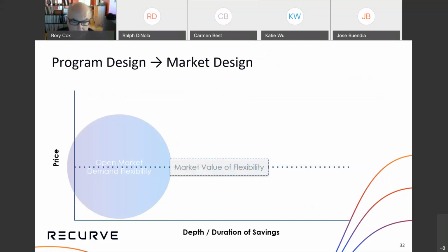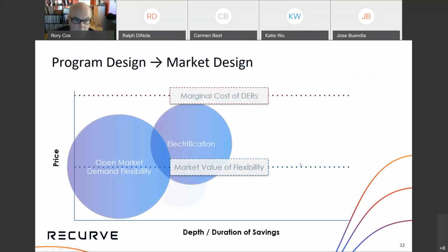So with meter-based outcomes tied to value, we can transition to price signals in a market design construct rather than incentives in a program design construct. If you consider the base price for demand flexibility being set from maybe energy efficiency and demand response based on their resource value, click to the next bit, Nick.